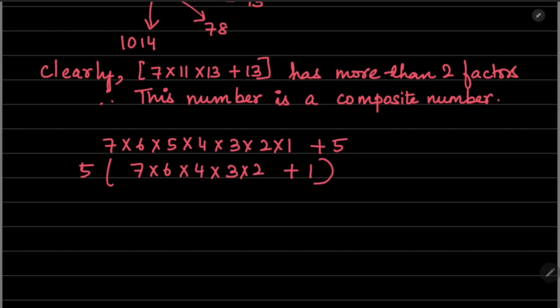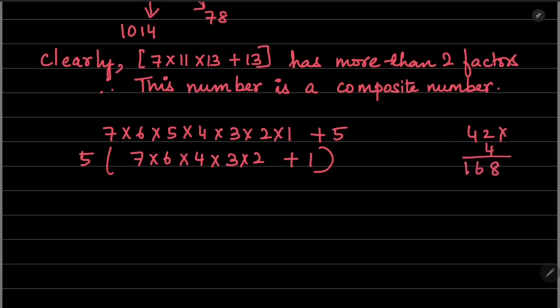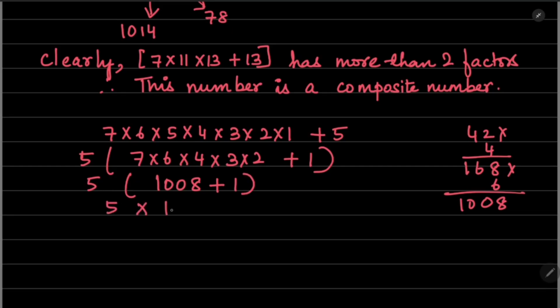If you multiply here, 7 6s are 42, multiplied by 4, you get 168. 168 into 6, since 3 2s are 6, gives 1008. So 5 into 1008 plus 1. This is 5 into 1009.